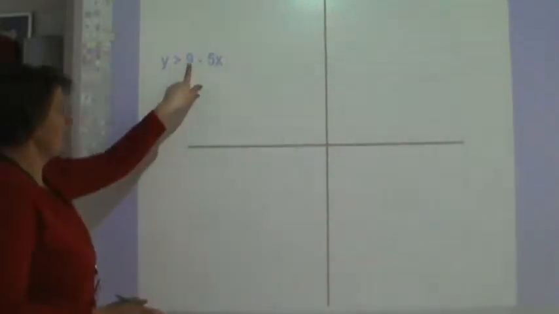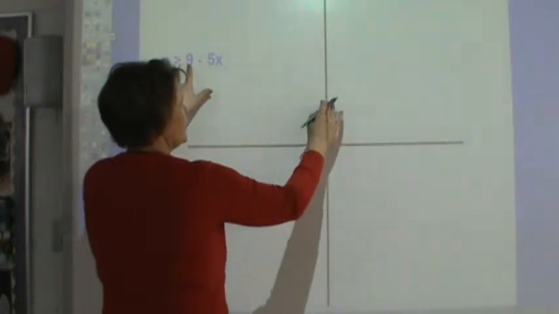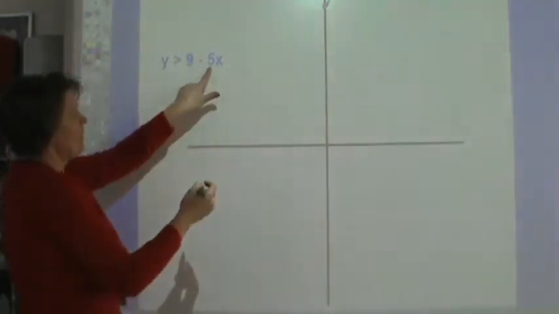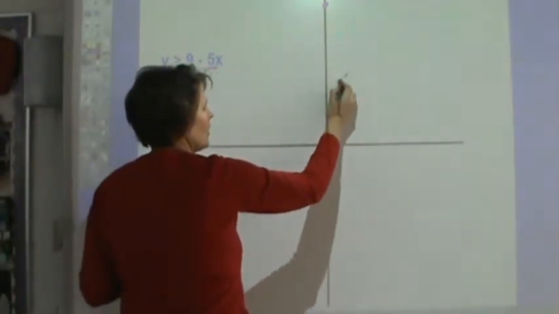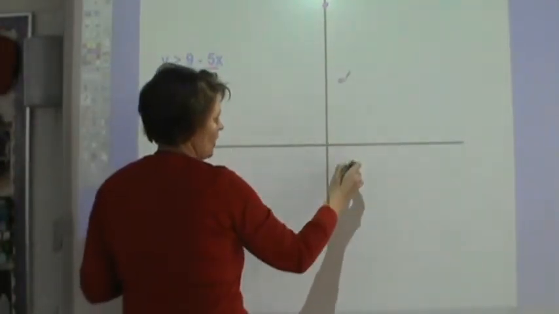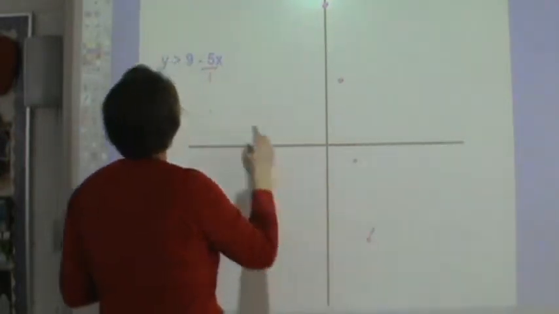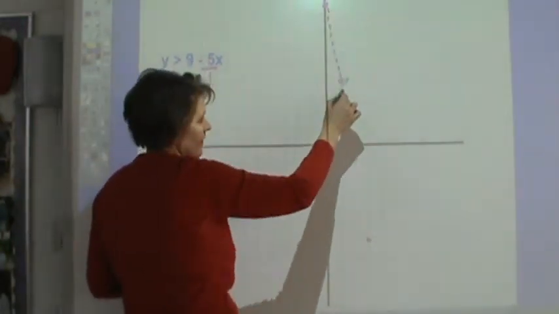So this one starts at 9. 1, 2, 3, 4, 5, 6, 7, 8, 9. I'm going to go down 5 over 1. And we don't have an underline, so again, we're going to have a dashed line.